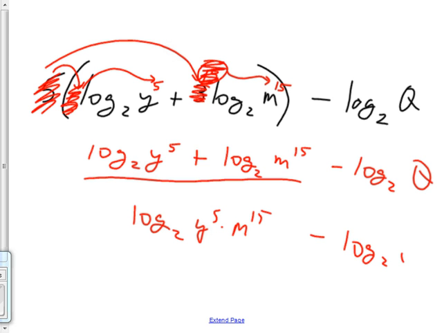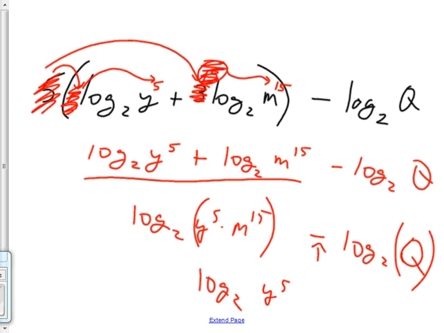So now the subtract tells me I should make a divide. And again, your answer has got to be a single log. So it's just log base 2, and I got to put this all together, this part and this part. And it becomes a divide: y to the 5th, m to the 15th, all over q. There we go. I've got it down to a single log.